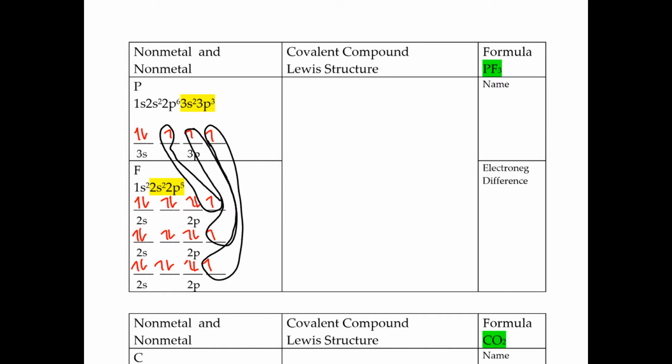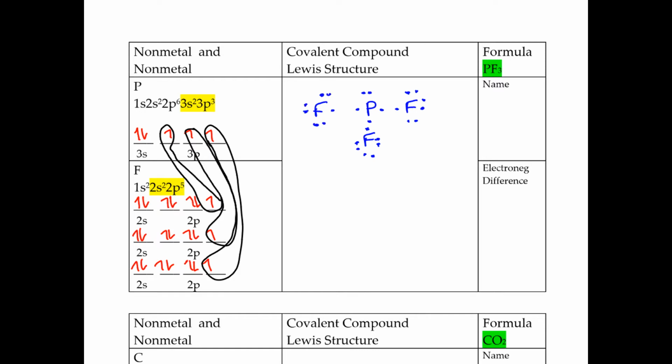And when we draw the Lewis structure, we're going to draw a P with 5 valence electrons, 1, 2, 3, 4, 5. And then every fluorine is going to have 7.